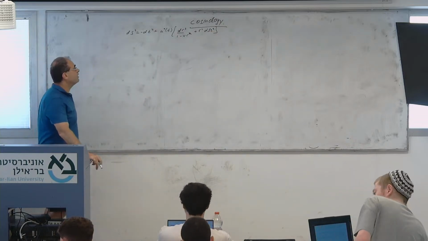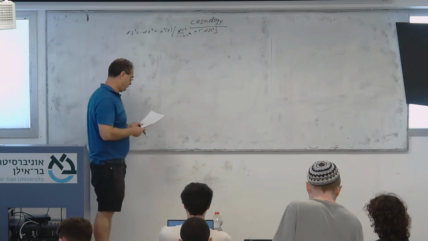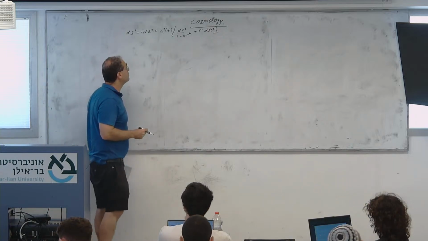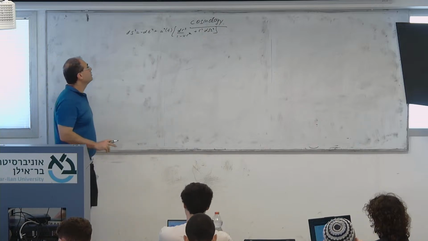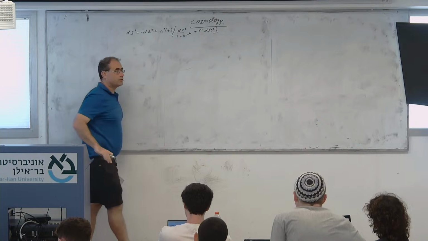Values of interest of k: minus 1 is an open universe, 0 is a flat universe, plus 1 is a closed universe. a is a scale factor which evolves in time.